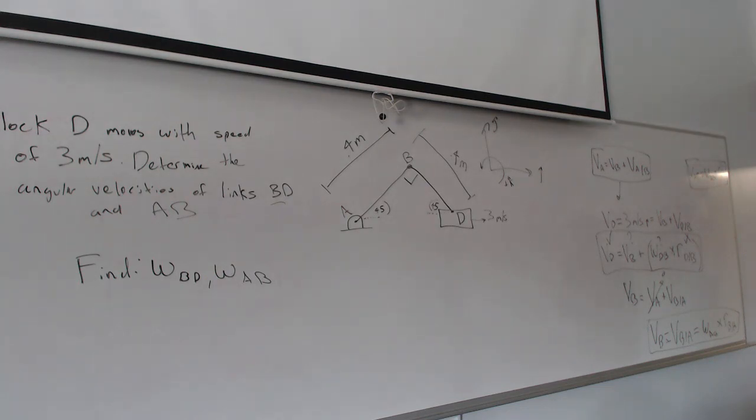So you had to use your intuition to see how what the question is asking relates to what I can readily apply. At this point, we're trying to solve the angular velocity of BD, and we have that. It showed up right here in this equation. And then when I looked at BA, the other term showed up, the angular velocity of AB.